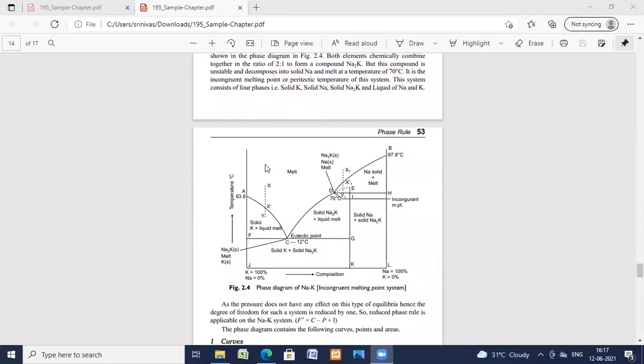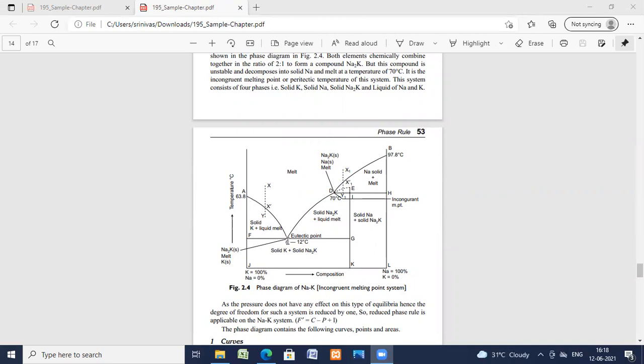Here you can see a clear-cut phase diagram. On the X-axis we have taken composition and on the y-axis temperature. Now, here you can see the diagram.